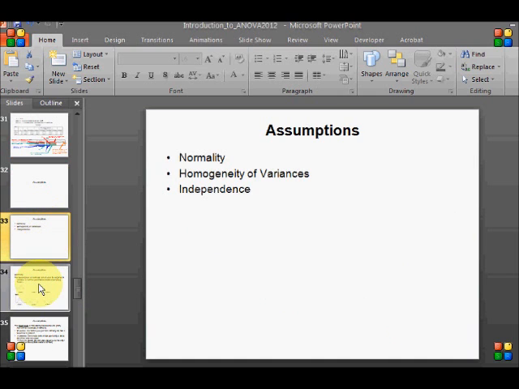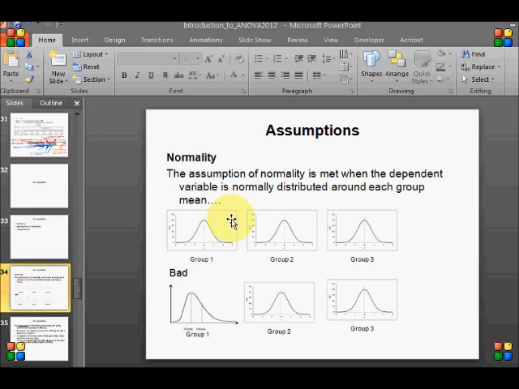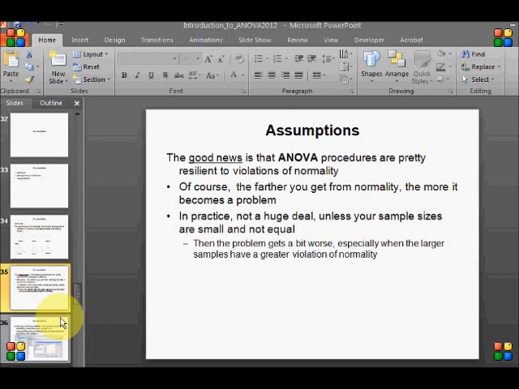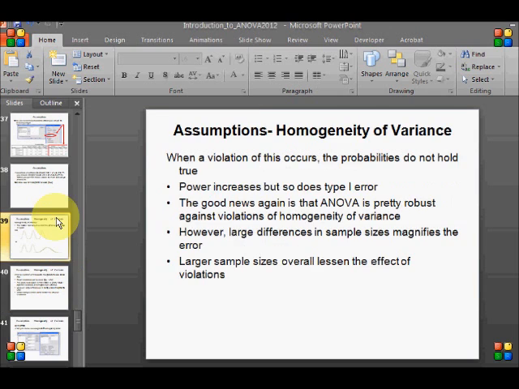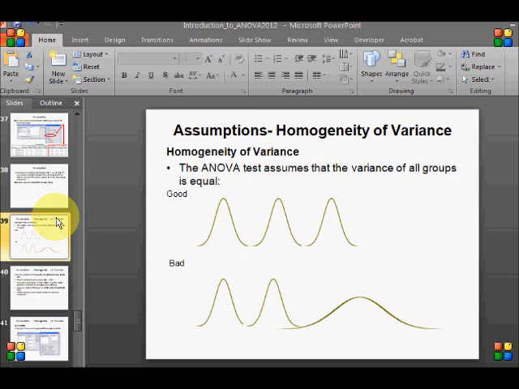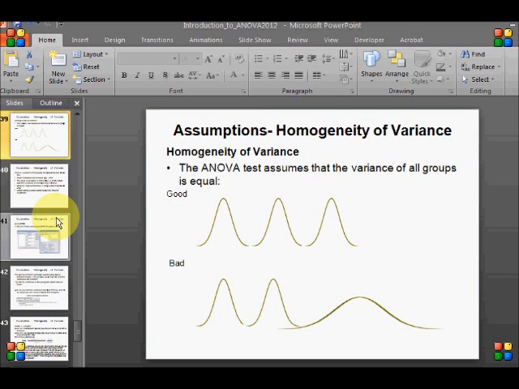As far as the assumptions go, we have normality, which you know what that is. It's just whether or not skewness and kurtosis are zero, basically, whether or not we have a symmetrical and an appropriately peaked distribution. We have homogeneity of variance, which assumes that all the variances of each group are basically the same, and we've done that before.